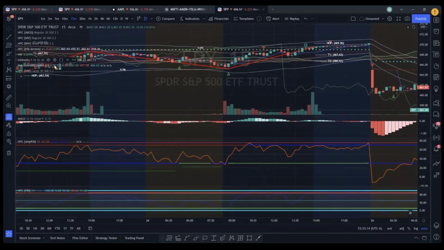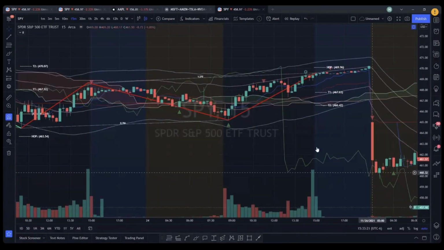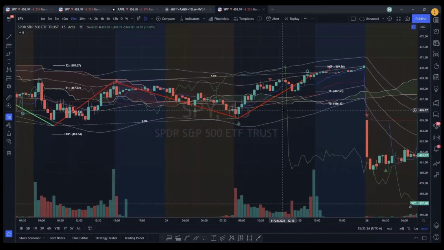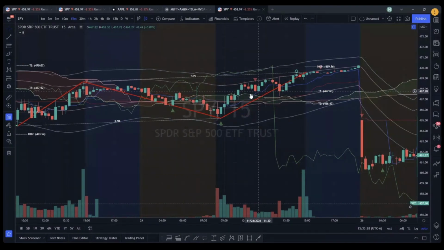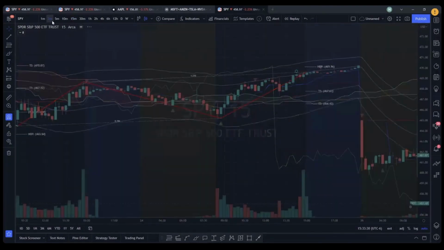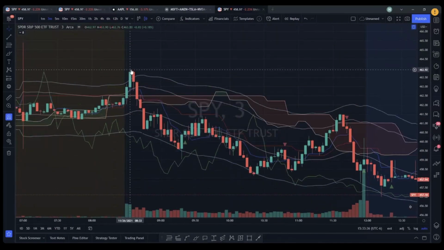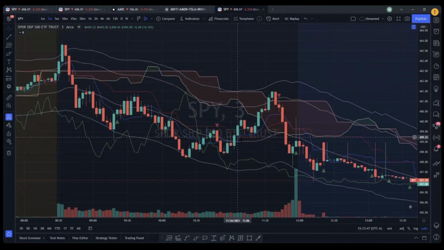I turned some of the stuff off. All right, so we see price, go to 3 minute. Here price tanks through the cloud. Our momentum span, our lagging Chikou span, has never re-entered the cloud. This thing is as bullish as it can be.